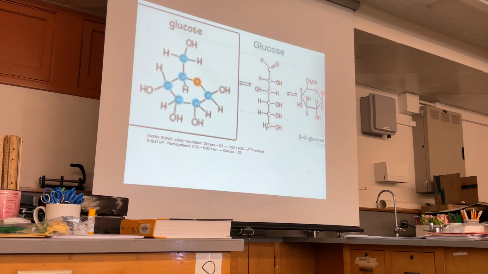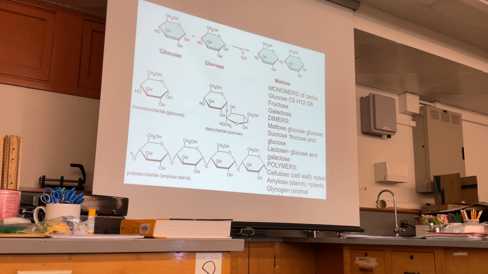So on this one here, what is this? This is glucose, which represents an example of a monosaccharide. And with monosaccharides, we have the ability to make disaccharides, like we just did with our model. Two glucoses stuck together is a maltose. So we built maltoses.